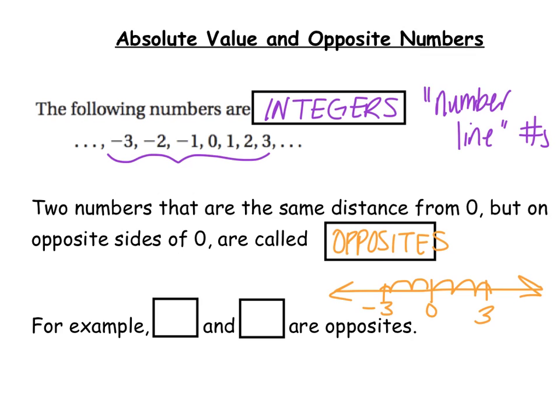And then we need an example of opposites. Really remember, you're thinking of a negative and a positive number, but they're the same number. One's negative, one's positive. So I'm going to do my favorite, which is negative 16 and 16. And those are opposite numbers.